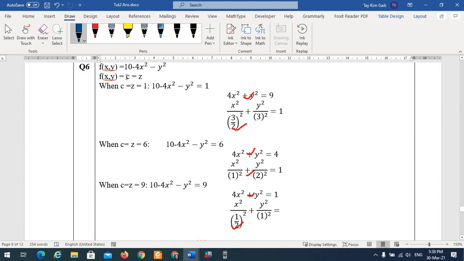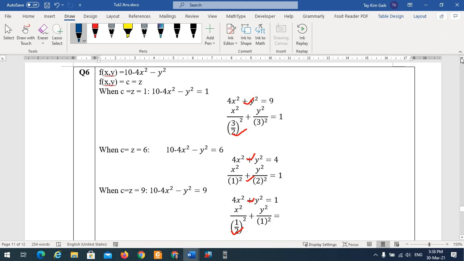So you have f(x,y) equal to 10 minus 4x squared minus y squared, and then f(x,y) is equal to c, which is z, okay, and given c and z equal to 1, then you just let 10 minus 4x squared minus y squared equal 1.